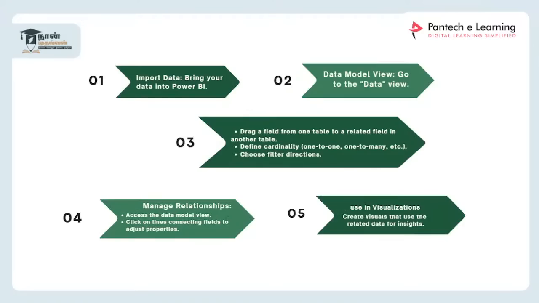This is the way we can do it step by step. First we import our data into the Power BI application, then we go to the model view, which is our working tab, like report view or model view. Then we drag a field from one table to a related field in another table and define cardinality, such as one to one or one to many.